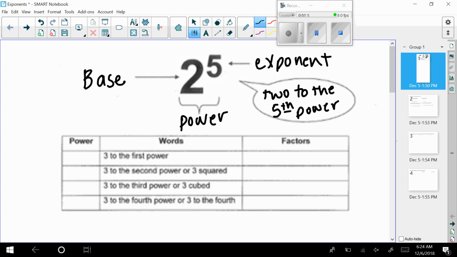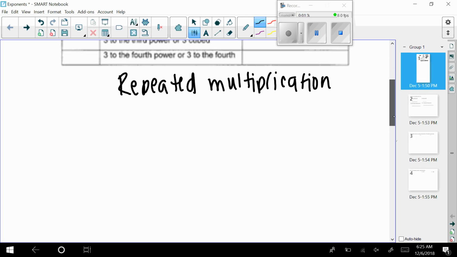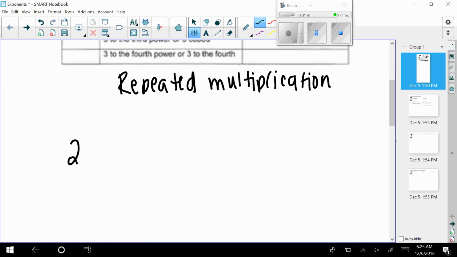Basically, another way to talk about exponents is that it is repeated multiplication. Okay? We've seen repeated addition before, which is where you write 2 plus 2 plus 2, right? Like this. This would be 2 times 3, the same as 3 plus 3.